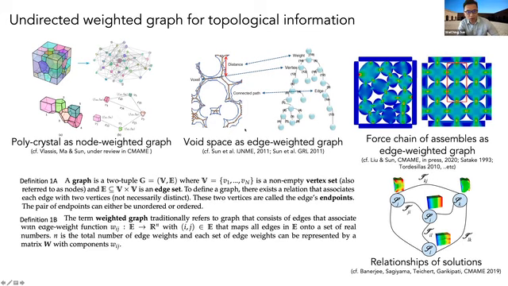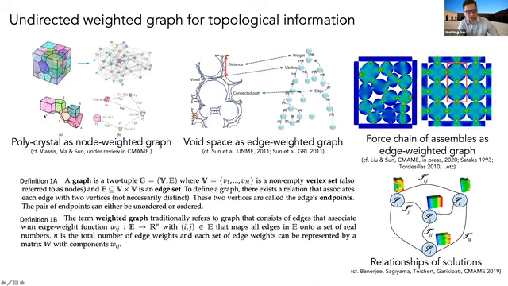For example, in pore mechanics, we often convert a void space into a network, and we use a weight to indicate the length between two pore centers, and that constitutes a weighted graph. We can use the weighted graph to determine the tortuosity and conductivity of the void space.